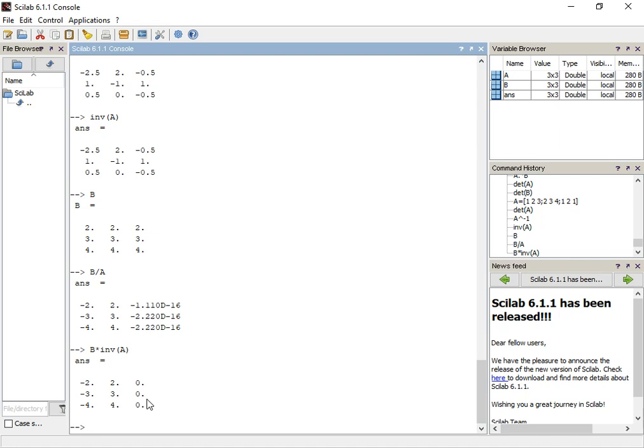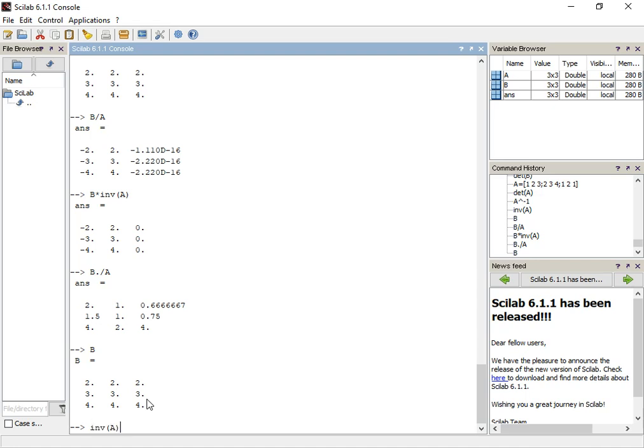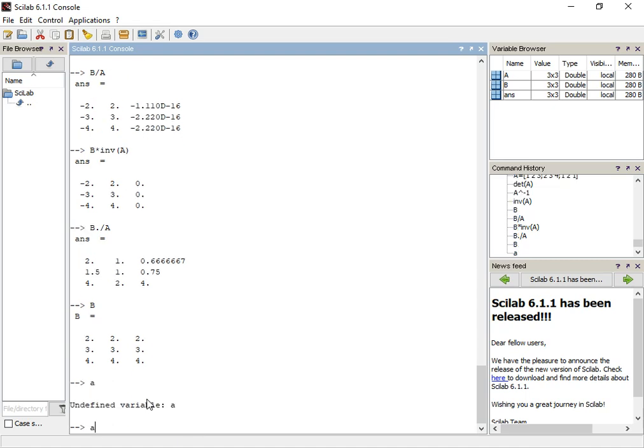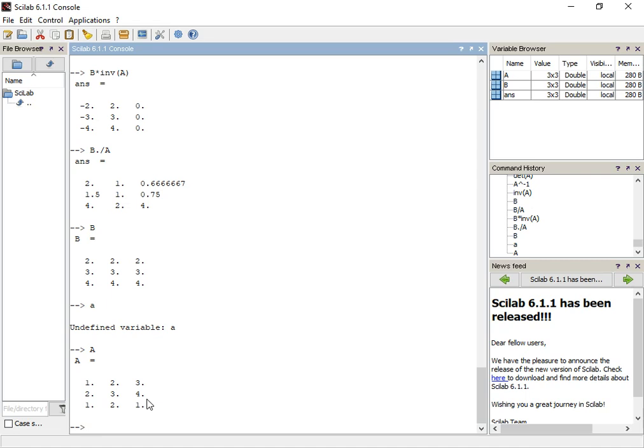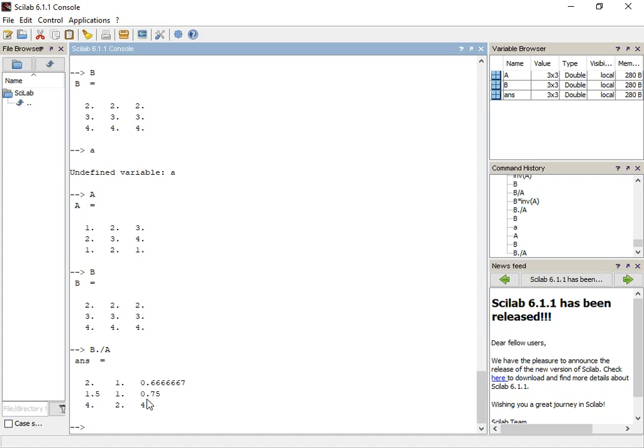Now if I perform this operation B dot by A, it will give you something else. What this is giving you, let me recall A this way. A is this, B is this, and B dot by A I am having this. So how it is evaluated? B, that is 2 by 1. So 2 by 1 is 2.